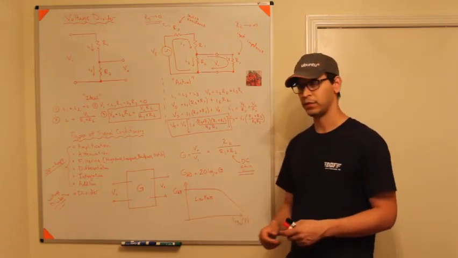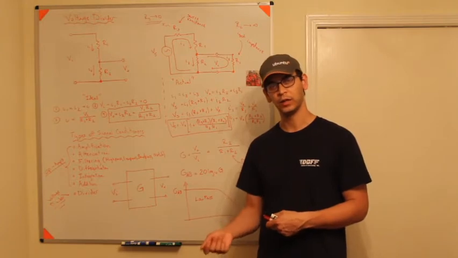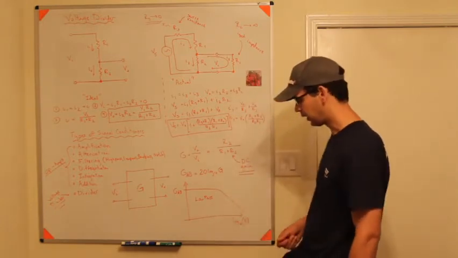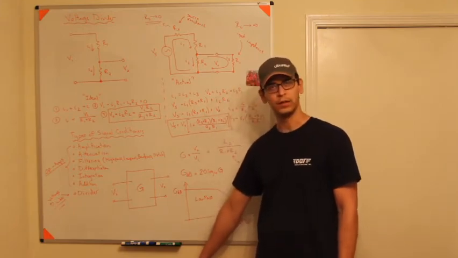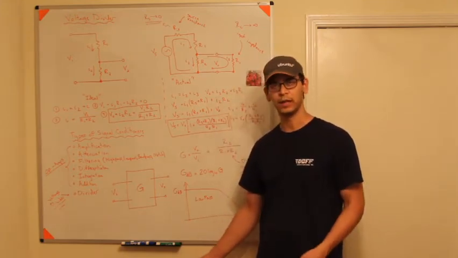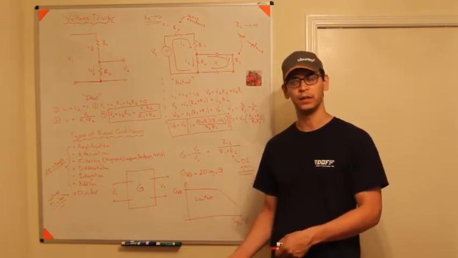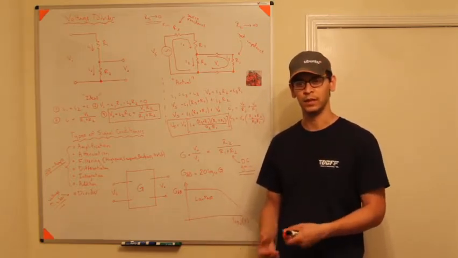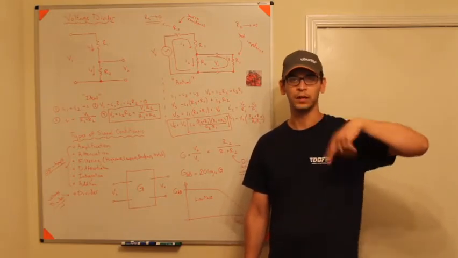If you think about it, you've probably heard of direct current, DC, versus AC, alternating current. The outlets that you plug into, at least in the United States, are 120 volts and 60 hertz alternating current signals. That means that 60 times a second, that voltage is going plus or minus 120 volts.